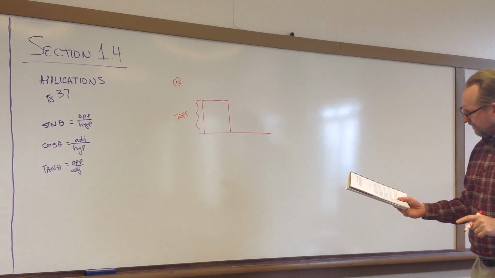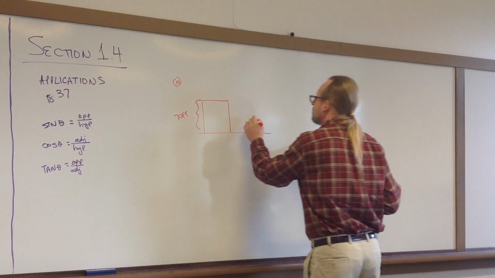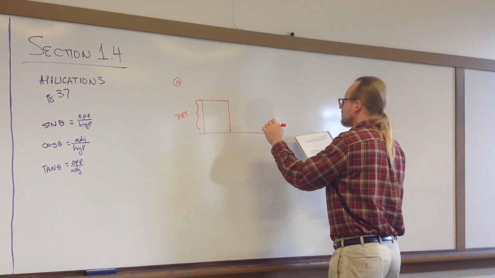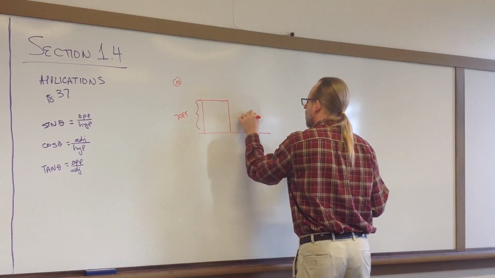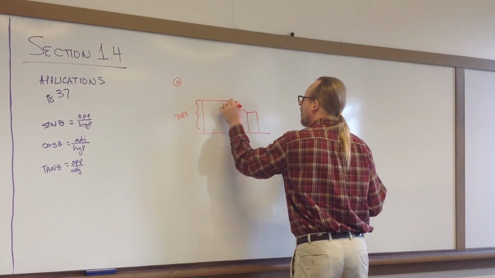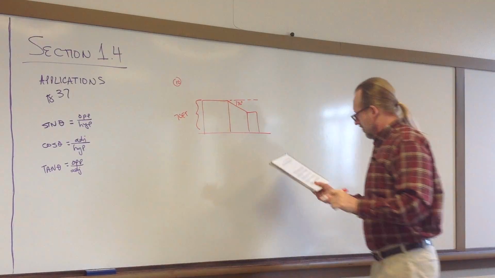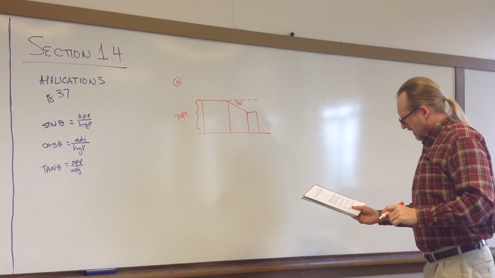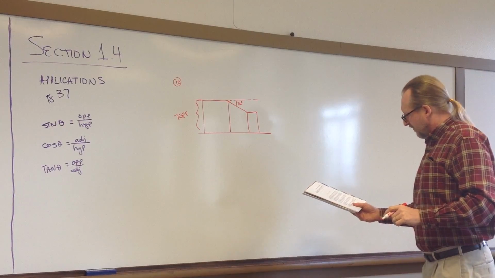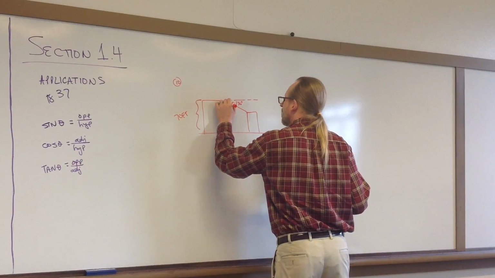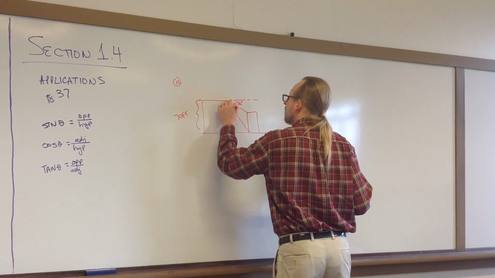The angle of depression to the roof of the building next door is 36 degrees. And the angle of depression to the bottom of the building next door is 65 degrees.